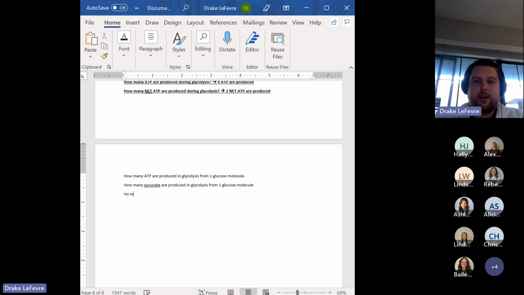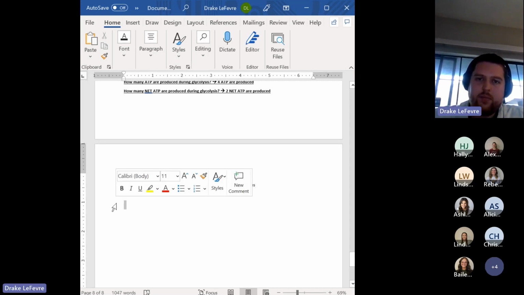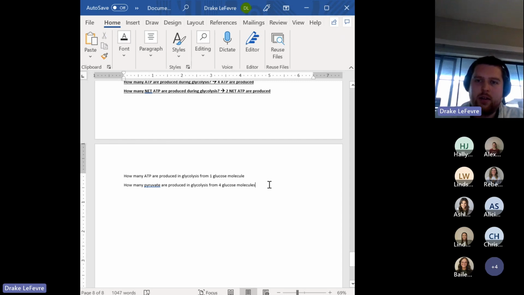Or you could switch it up and change this number from 2, or from 3, or from 4 glucose molecules, and so on. Just understand what is actually being produced in each one.